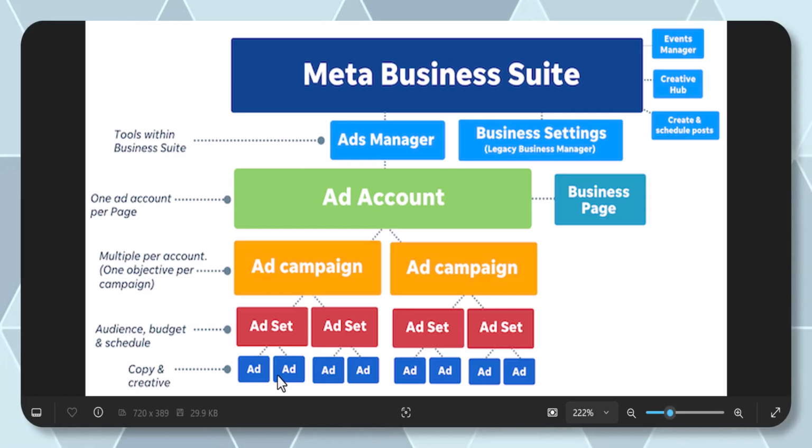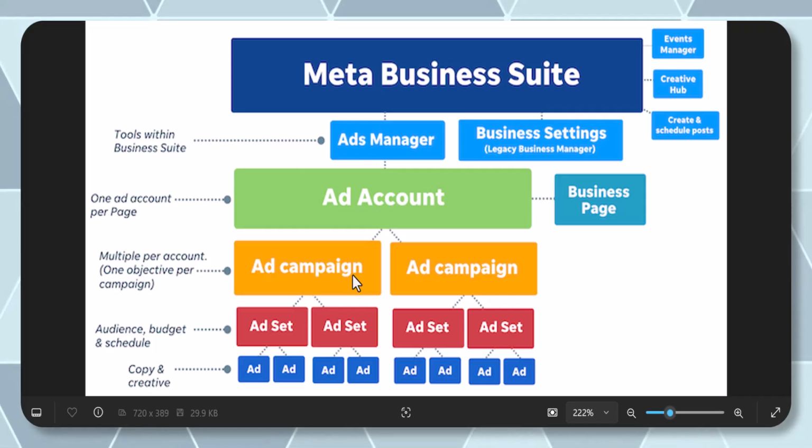The ad itself is called the ad copy or the ad creative, where we write what we want people to see, or the video or pictures we want people to see. That's where we create it. So this is just a brief breakdown of how the ad account works. Once we go into it deeper, I will come back to this picture and use it to explain more as we go on. So let's go on with the tutorial.